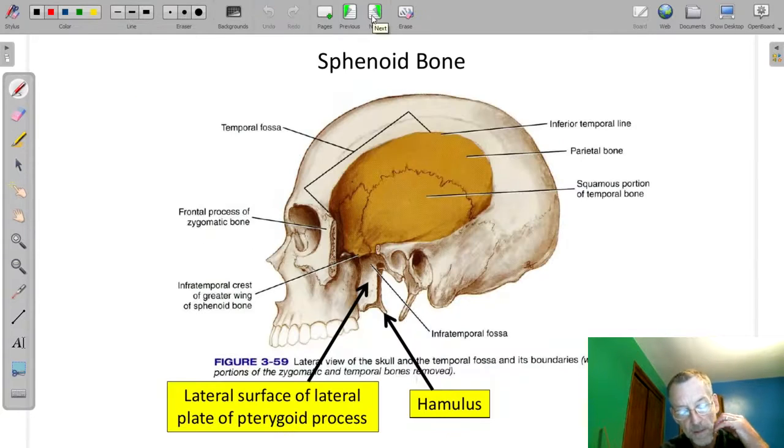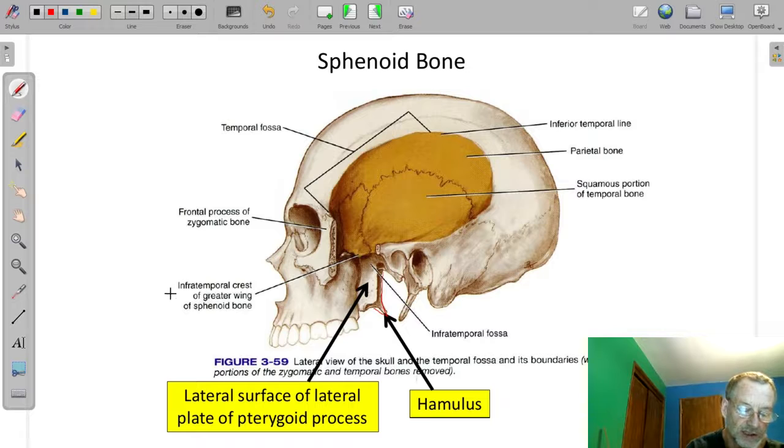Next slide. Again, talking about the sphenoid, so some of this is just simply review. The shaded area shows the temporal fossa, but when we're talking about the sphenoid again, here are the pterygoid processes and the hamulus, and there's a lateral plate, a medial plate, and a fossa in between.